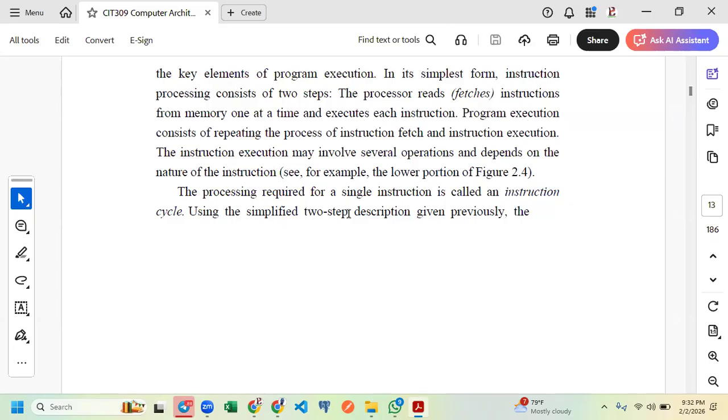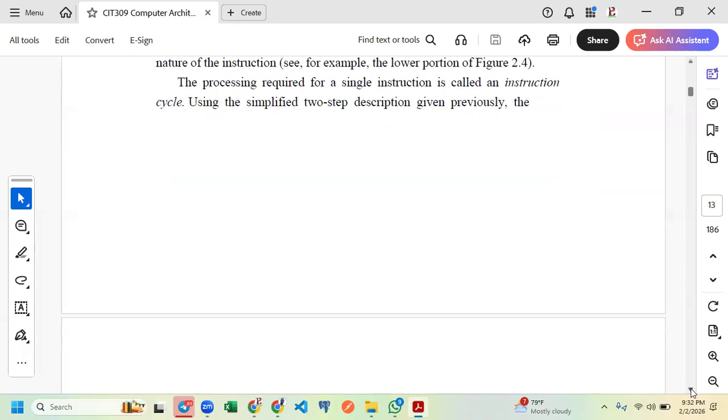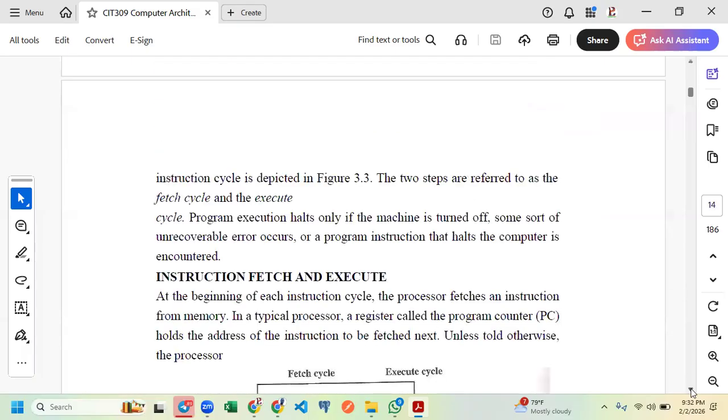Now, using the simplified two-step description given previously, if you remember, what is it? Fetch and execute. In the CPU, the control unit, CU, fetches the data and executes the data.